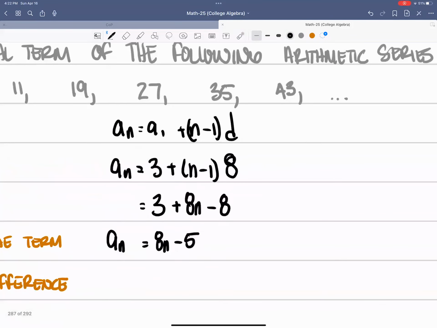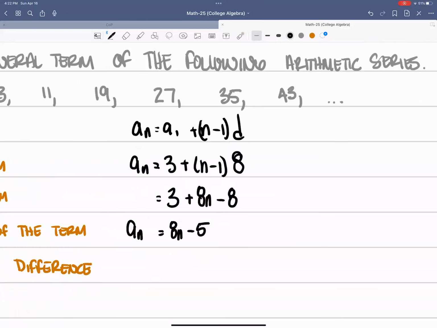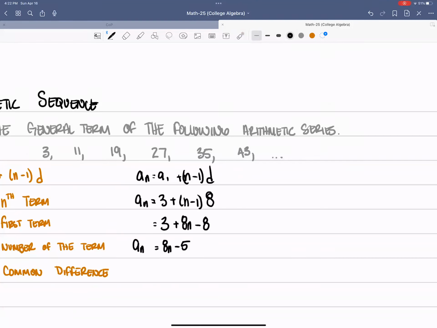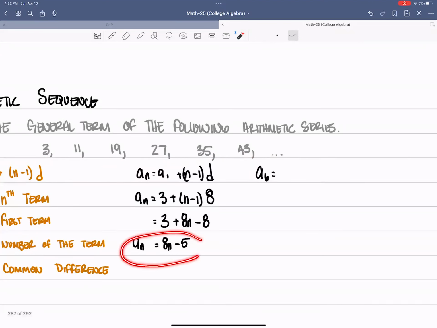And we could also test this out to see if we ended up with what we needed. So this is 1, 2, 3, 4, 5, 6. So we're looking at a sub 6. In our general term, everywhere we see an n, we're going to plug 6 in. So 8 times 6 minus 5.